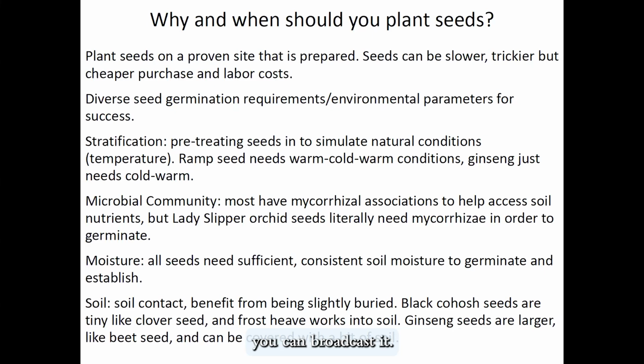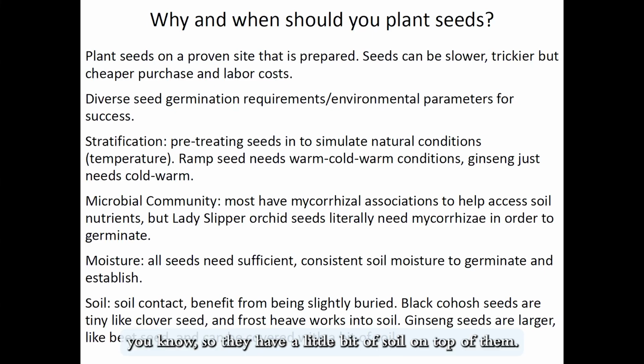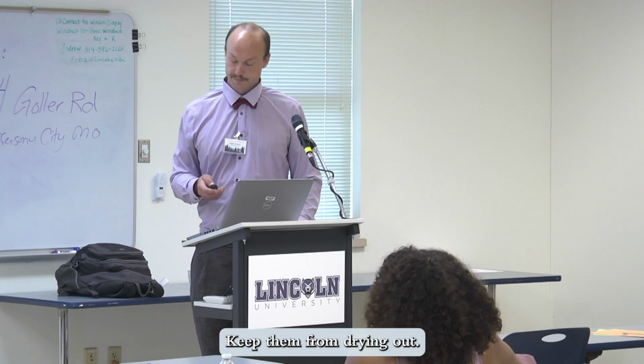You can broadcast it, but if you worked it down 2 inches in the soil, you probably would not get a bunch of the black cohosh coming up. At least I wouldn't bet the farm on it. Ginseng seeds are larger. They're like a beet seed, so they have a little bit of soil on top of them. That's probably good. Keep them from drying out.